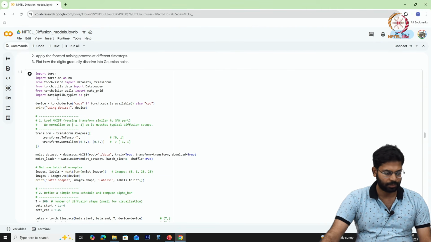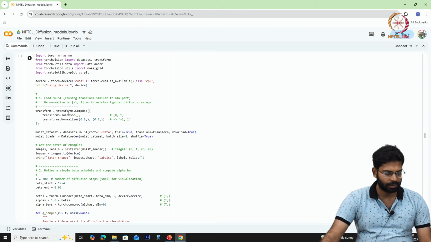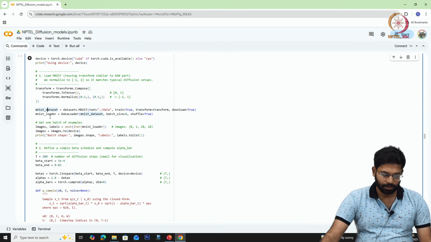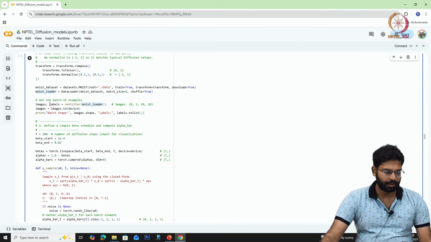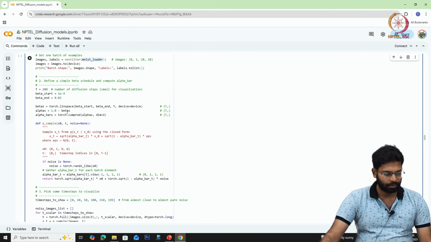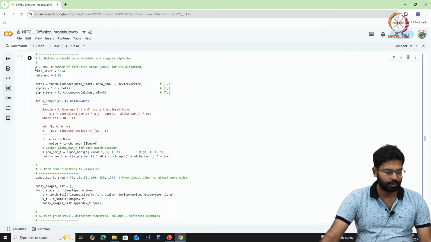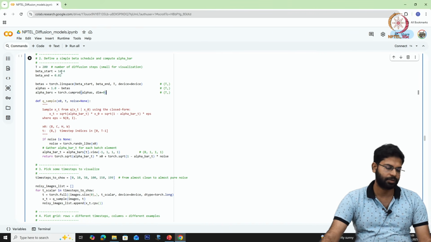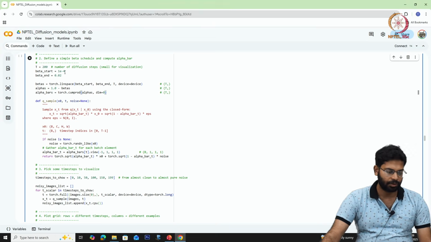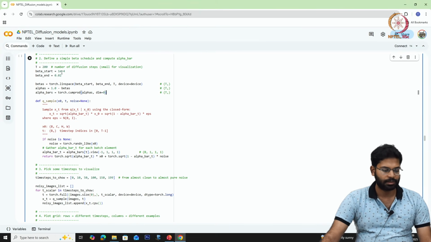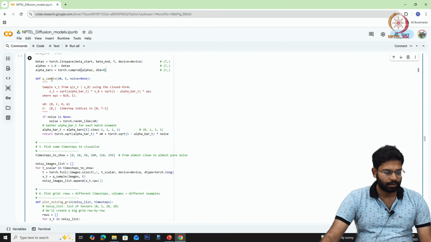So we first do the imports of necessary functionalities, define transforms, load in a similar manner the MNIST datasets and data loaders, and then you can define the hyperparameters associated with the diffusion process, like the number of steps you want to use, what beta you want to use, which controls the smoothness of the slow iterative process and all those parameters, and then you define a q_sample, which should define the forward function.